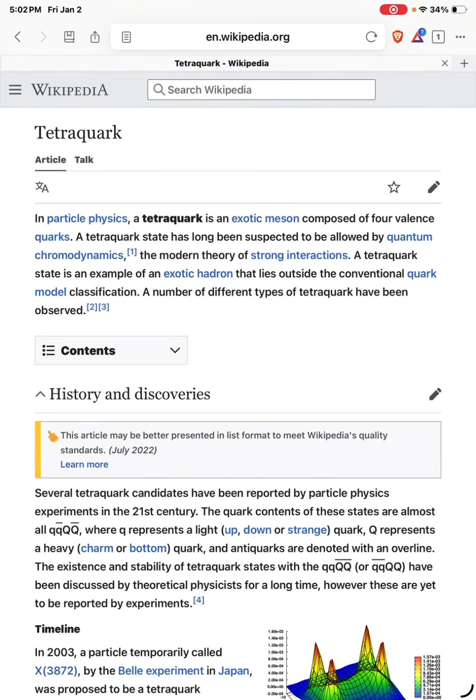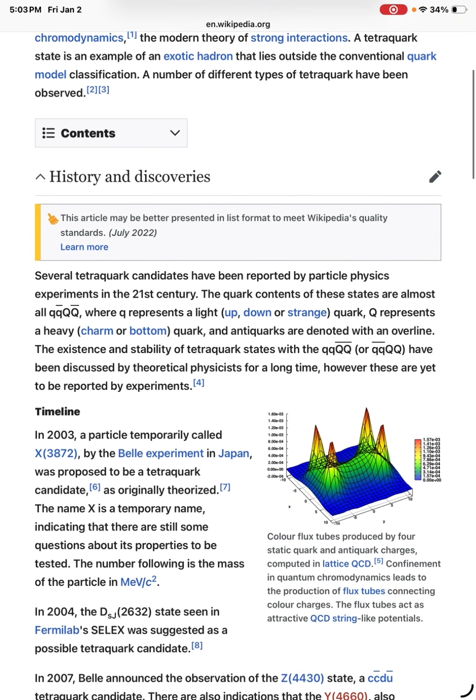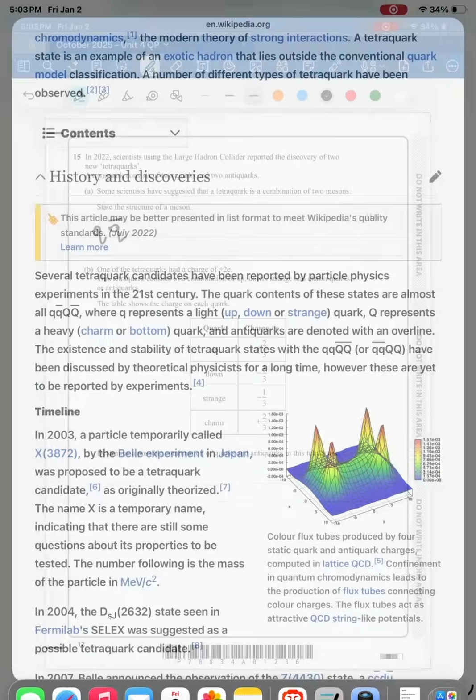A tetraquark state has long been suspected to be allowed by quantum chromodynamics, the modern theory of strong interactions. So they have been observed. It states it at the end. Several tetraquark candidates have been reported by particle physics experiments in the 21st century. So they did find some, so I'm wrong.